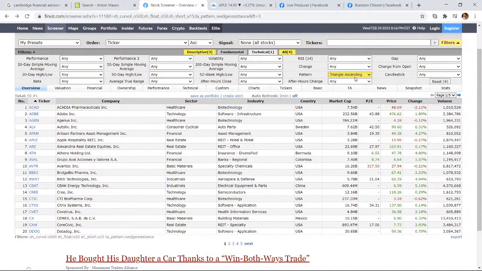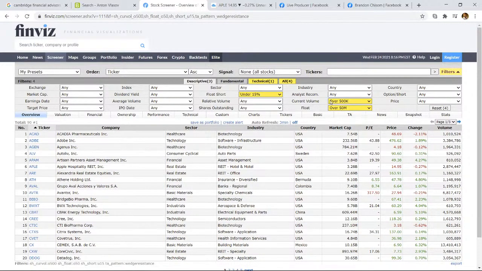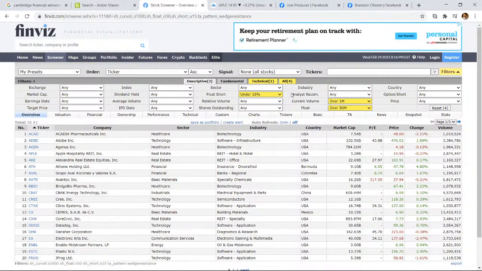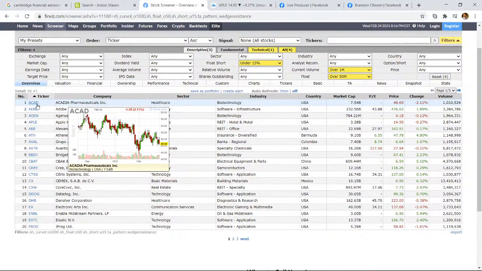And you can change the settings on this too to have it look for one that meets a stronger pattern. So let's do that. Let's tweak the volume on this bad boy. Let's do over 1 million shares. Now let's see what we got.